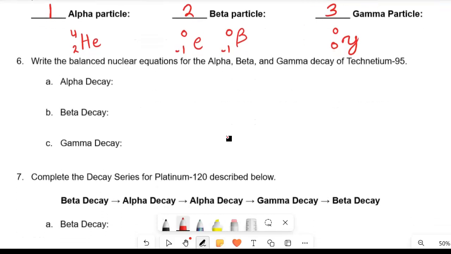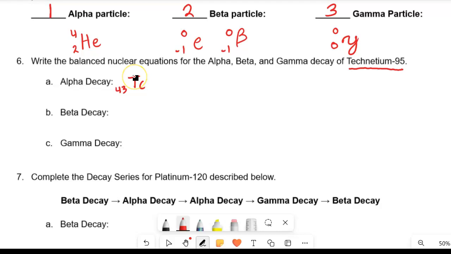And let's look at what an alpha, beta, and gamma decay look like for the same atom. So looking at technetium-95, what would it look like after it goes through an alpha, beta, and gamma decay? We're going to start off with the same thing. Technetium on the periodic table is Tc, and it is number 43.